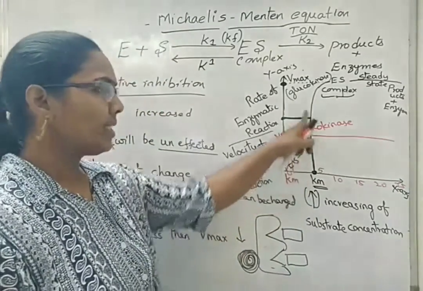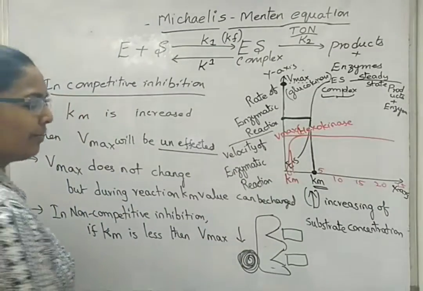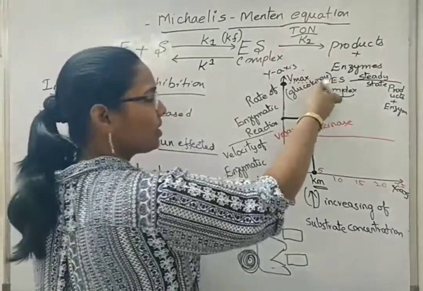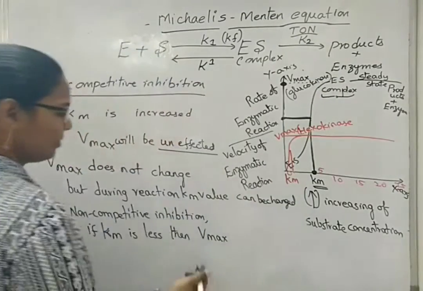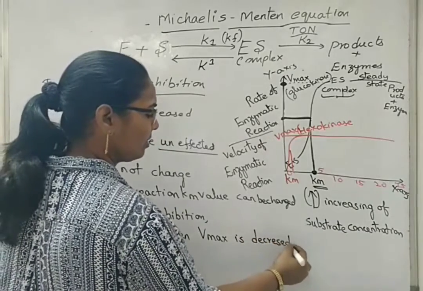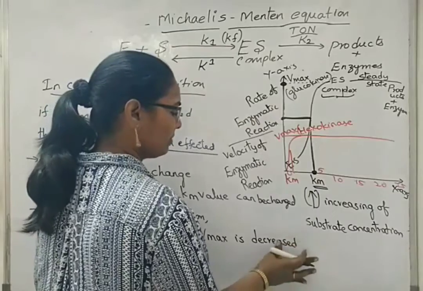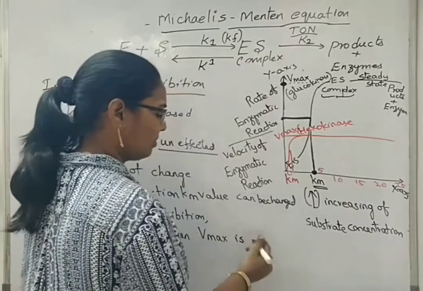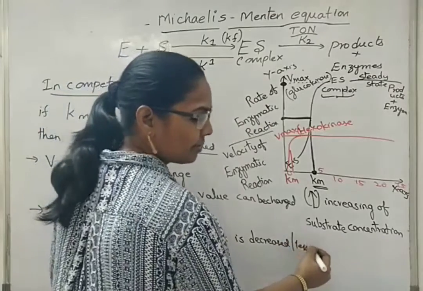When active sites are there in proper shape, then the reaction can proceed. When active sites are not there, obviously velocity will be decreased. Vmax is decreased or less, we can write. Decreased or less.